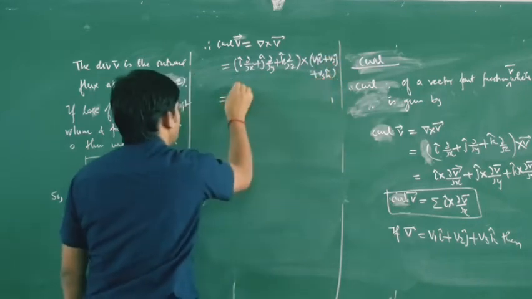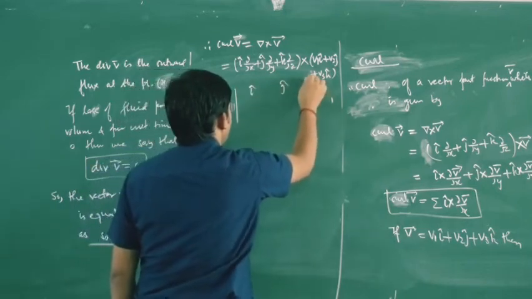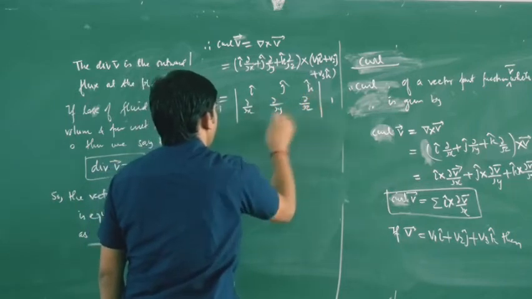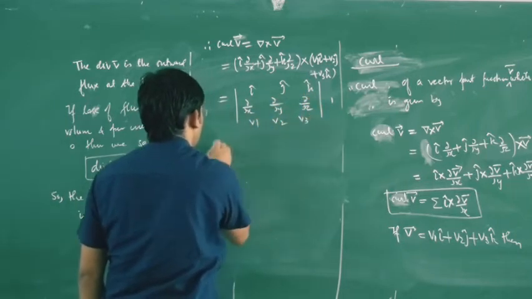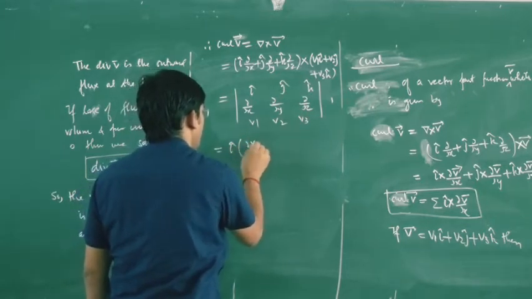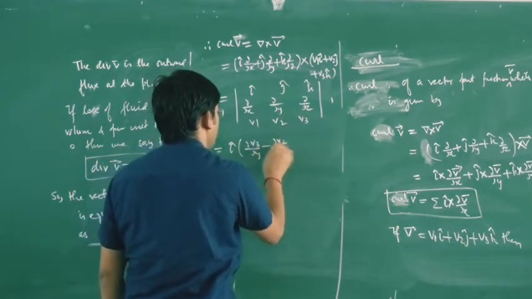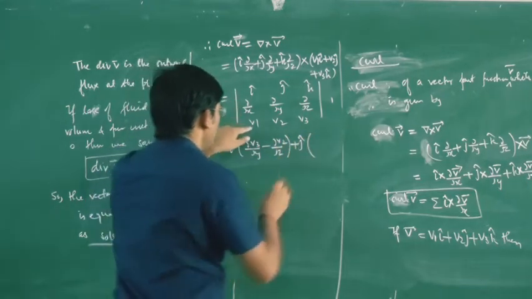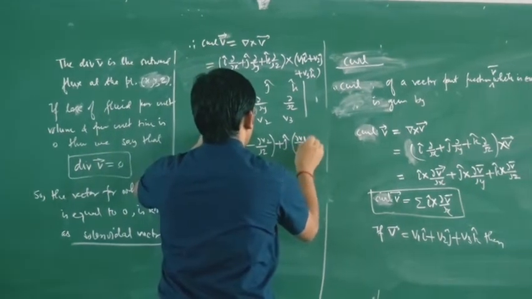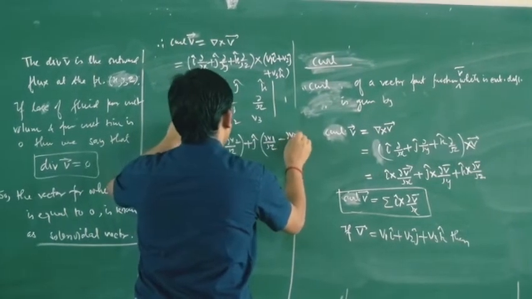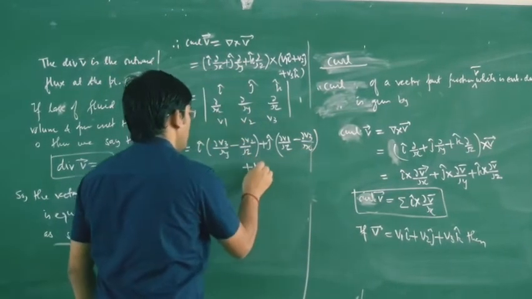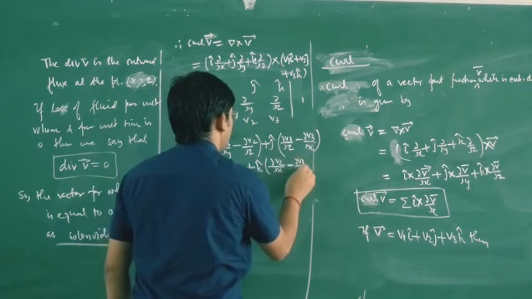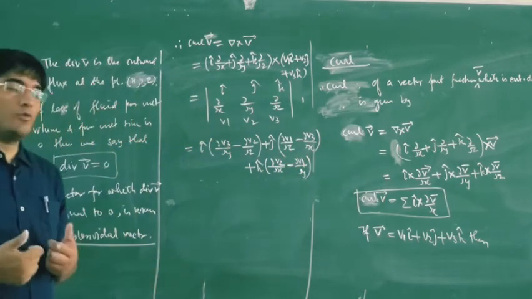So this is equal to the determinant with rows i, j, k; del by del x, del by del y, del by del z; and v1, v2, v3. So this is equal to i (del v3 upon del y minus del v2 upon del z) plus j (del v1 upon del z minus del v3 upon del x) plus k (del v2 upon del x minus del v1 upon del y). So this is your curl of a vector v.